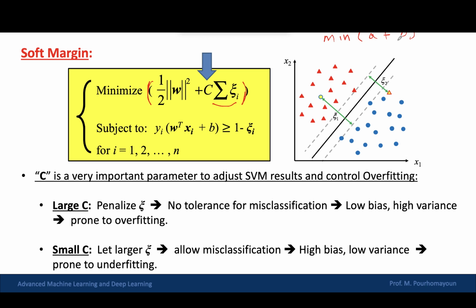But if I say minimize A plus, let's say, 10 times B, this is an extra penalty on B. I penalize B. It means that I want to make A small, but I want B to be 10 times smaller.